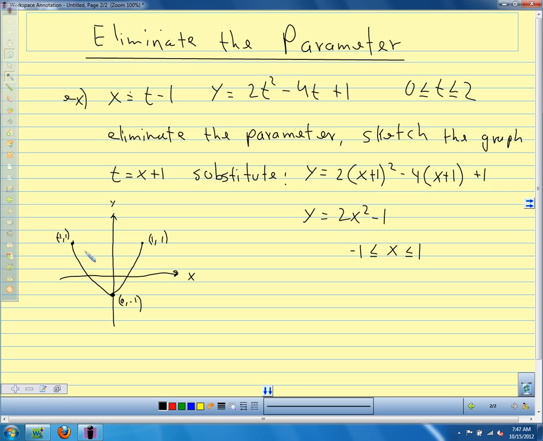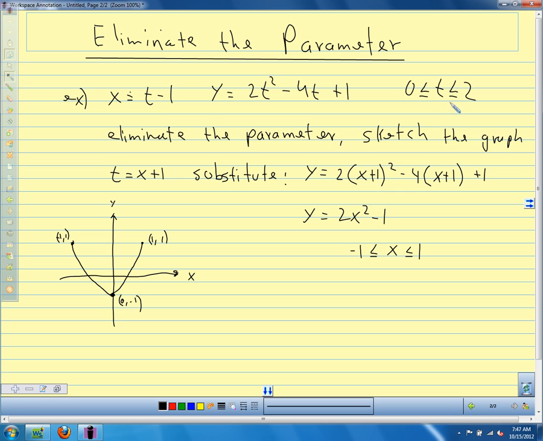The other thing that's important with parametric equations, it's not a beautiful and perfect drawing, but it's a sketch. When we express our equations as parametric equations, this introduces an orientation. So as t increases from 0 to 2, how does x change? When t equals 0, x equals -1, and when t equals 2, x equals 1.